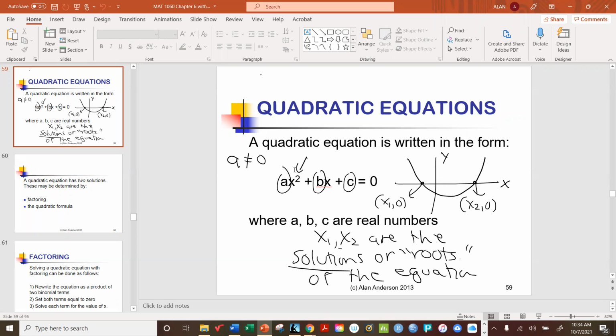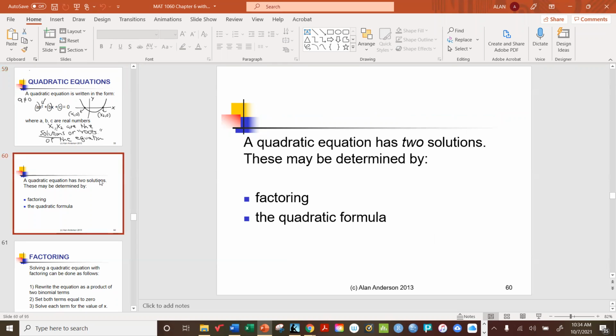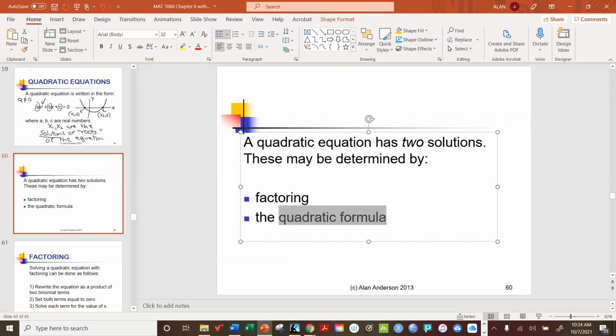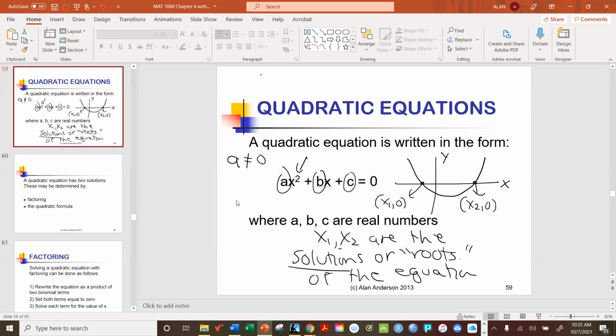Now, there's a couple of ways we can do this. One of them is a little more awkward, and it only works under certain conditions, but it's important to understand what this is all about. Then we're going to move on to something that you've seen before, the quadratic formula. The beauty of the quadratic formula is that it always works, no matter how complicated this expression is.